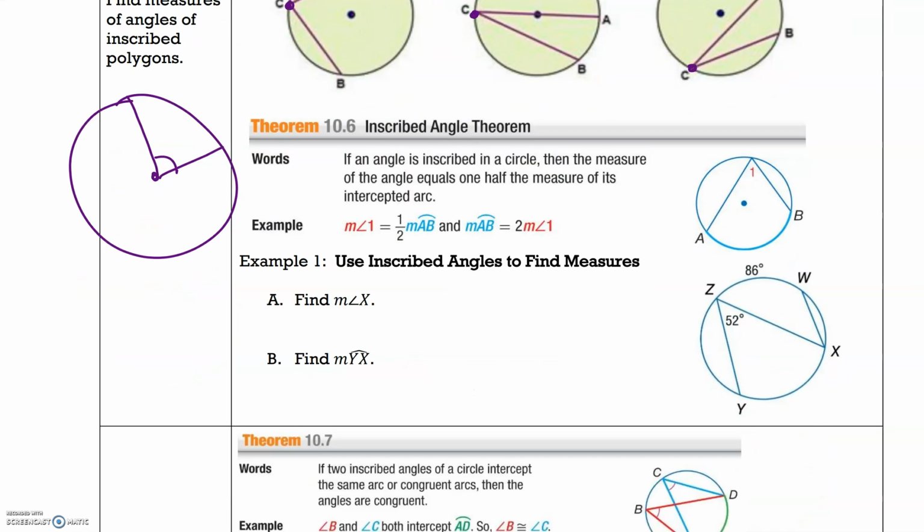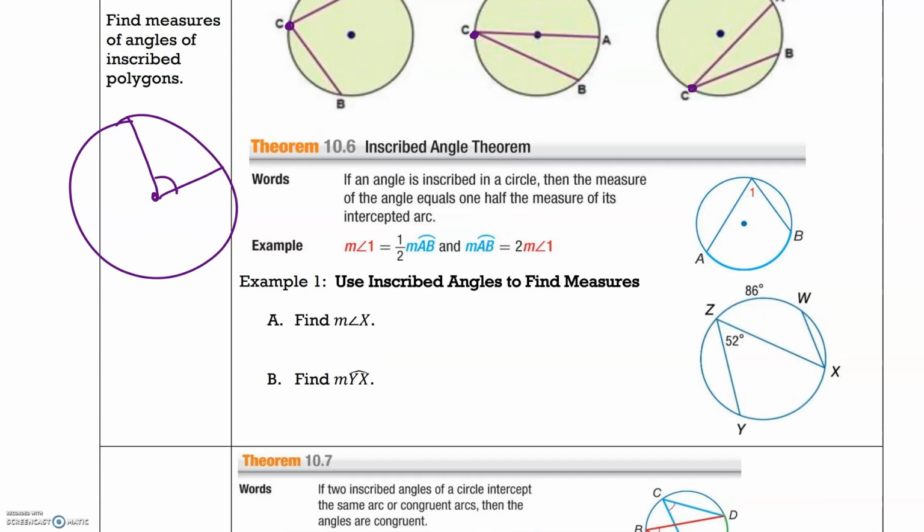Then it has a 2-to-1 ratio, meaning the angle is half the measure, the degrees, of the arc. If you want to find the arc, then you would double that angle measure. So the bigger one is the arc, the smaller one is the angle.